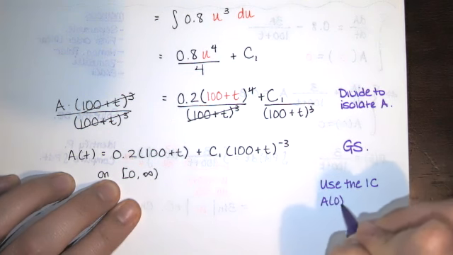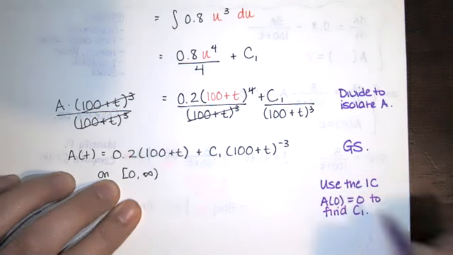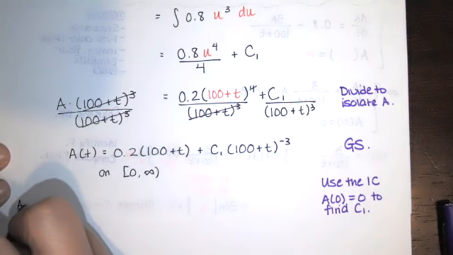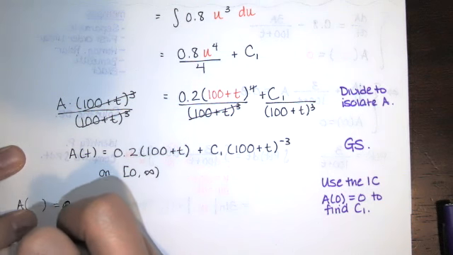And that's a of 0 equals 0 to find c1. So we will evaluate this expression at t equals 0.